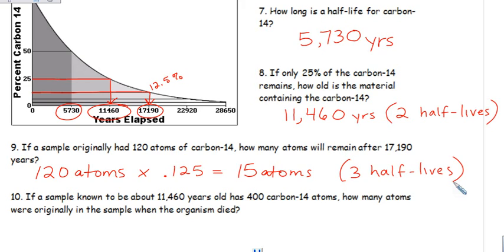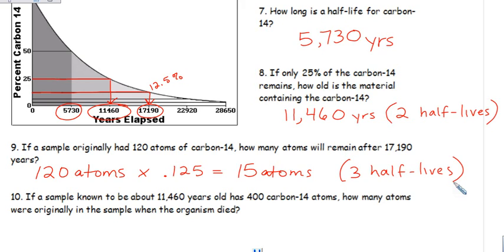And finally, number 10, if a sample known to be about 11,460 years old has 400 atoms of carbon-14, how many atoms were originally in the sample when the organism died? This carbon-14 radioactive carbon is used in carbon dating, where we can look at the amount of carbon remaining in the sample, and knowing the half-life, we can kind of backtrack and figure out how old the sample was when it died.